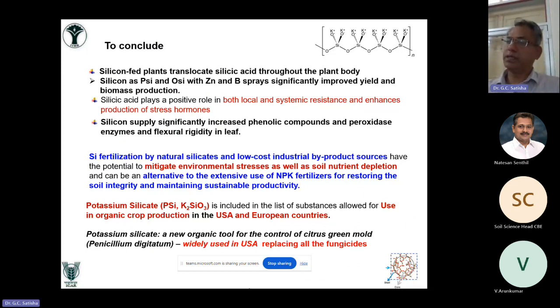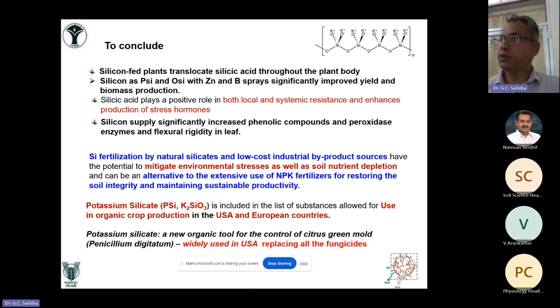And now in America it is already being used; green modes are quite common in the temperate countries. So now potassium silicate is extensively used because it doesn't leave any residues for export.